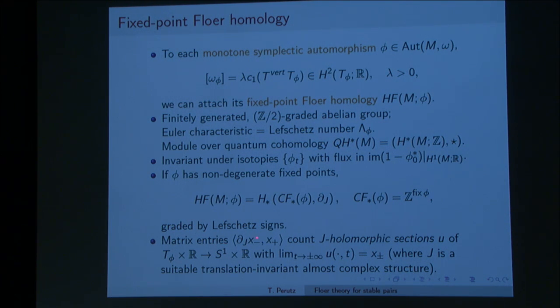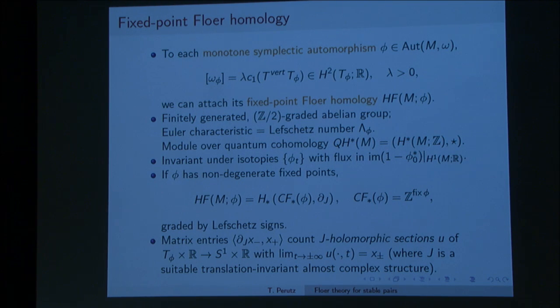Okay, so if phi has non-degenerate fixed points, its fixed point Floer homology is by definition the homology of a chain complex CF phi that's generated over Z by those fixed points, with a mod 2 grading given by their Lefschetz signs. The matrix entries in the differential count J holomorphic sections of the mapping torus cross R, thought of as a fiber bundle over a cylinder.